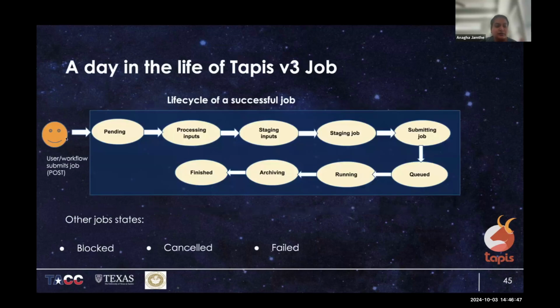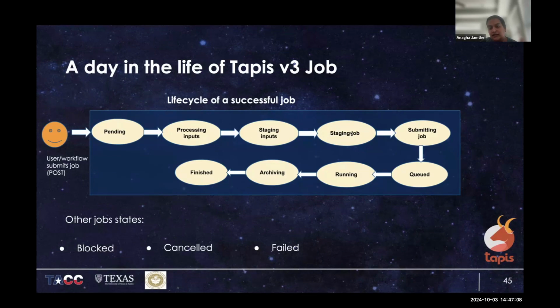And once you submit a job, it goes through different states. When you submit the job, it first enters a pending state. Then it looks for the inputs to process, like what all inputs it needs to run. It stages those inputs on the execution system, along with any other runtime assets that it needs.